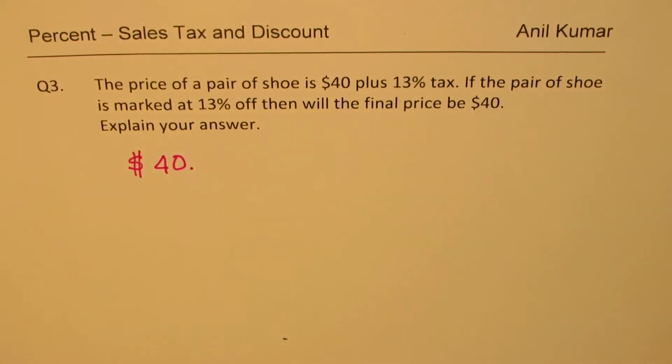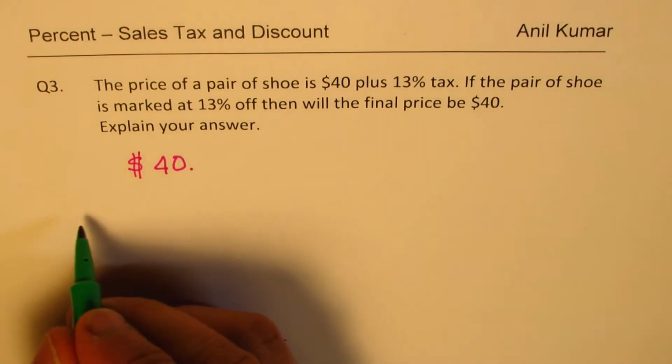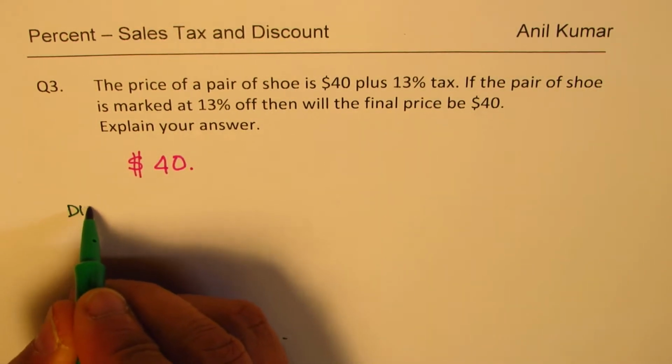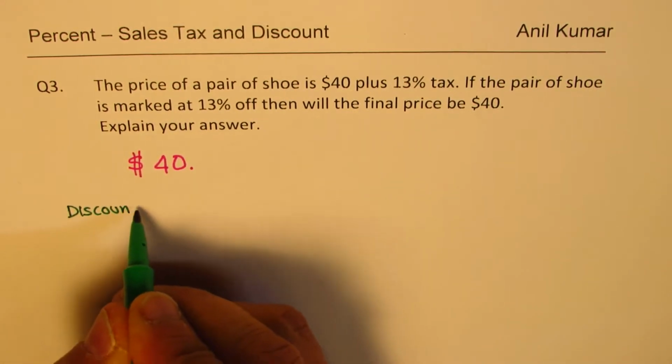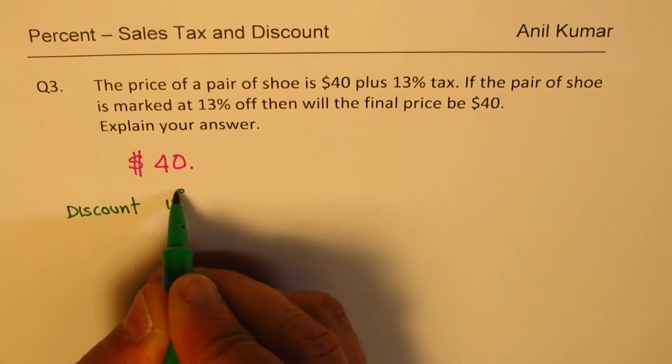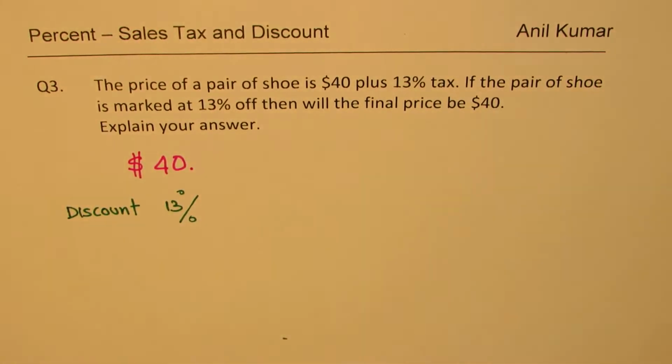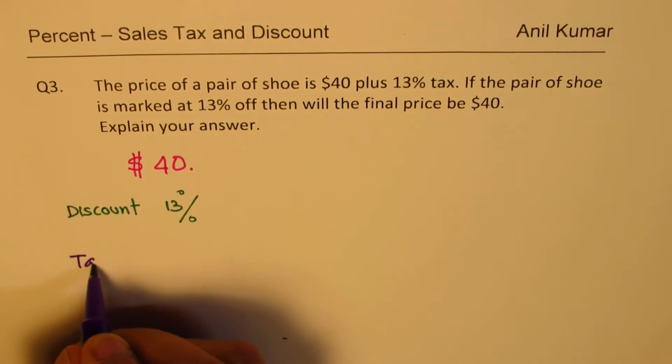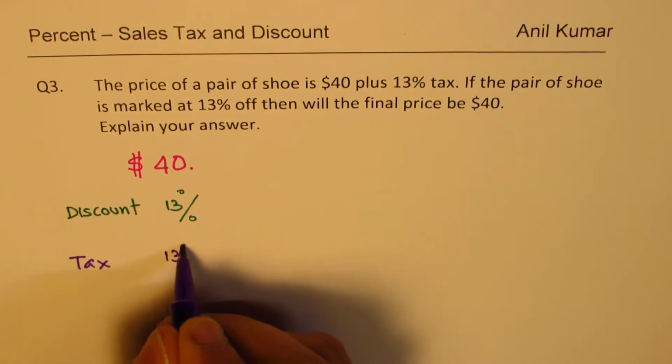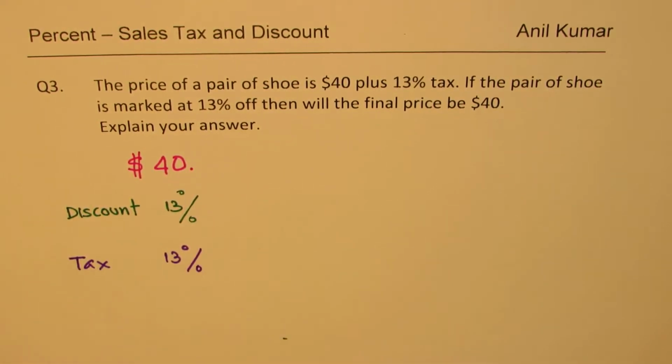Correct? And then we are saying that the discount is 13%. And we also know that on this particular price, the tax is 13%, right?